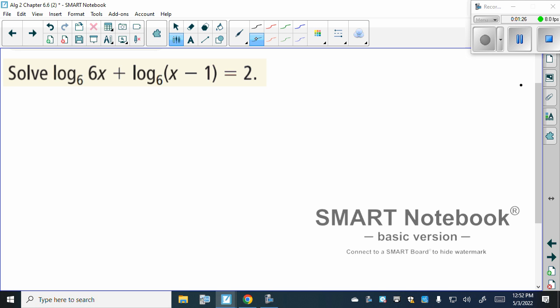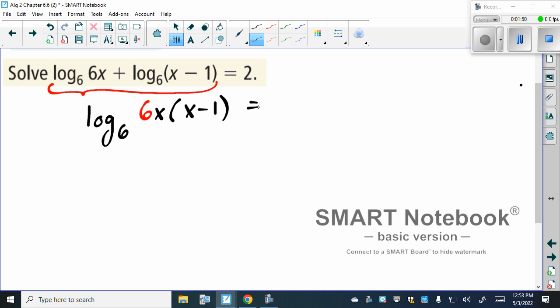Now, whenever we solve logarithms like this here, we need to rewrite these two logs as a single log. And we can do that because whenever we have two logs with the same base being added together, we can rewrite it as a single log with what's inside of each log being multiplied together.